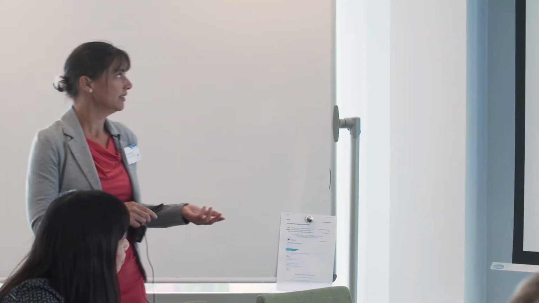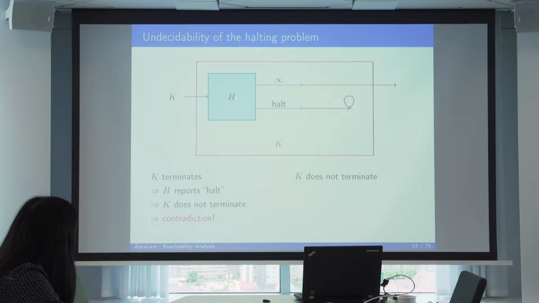But what happens then? Well, then H will say K does not terminate. So K itself will terminate, which is not possible. So never mind whether K terminates or does not terminate, I get a contradiction. That means my assumption was wrong that there exists such an algorithm H.